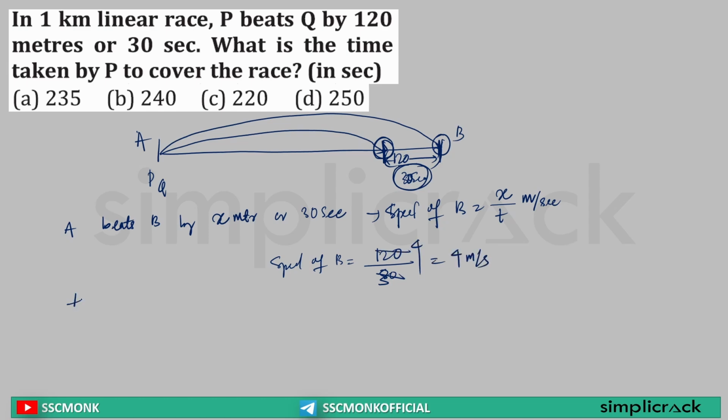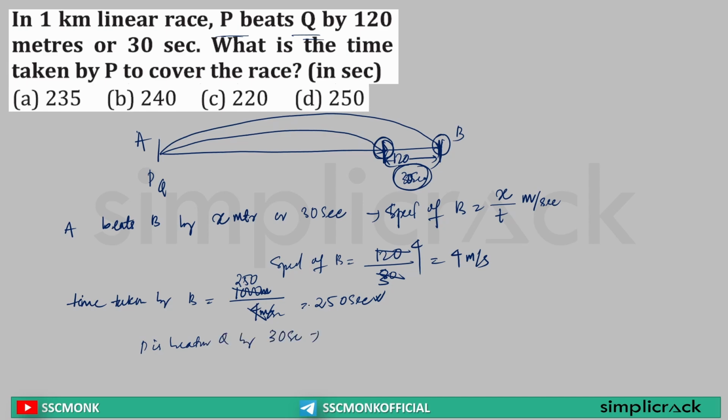Now, sir, the time taken by B will be equal to the total distance B is covering, that is 1000 meters, with a speed of 4 meters per second. Sir, 250 is equal to what? 1000. So 250 seconds will be taken by B, but P is beating Q. Here it is P and Q. Okay, so P is beating Q by 30 seconds.